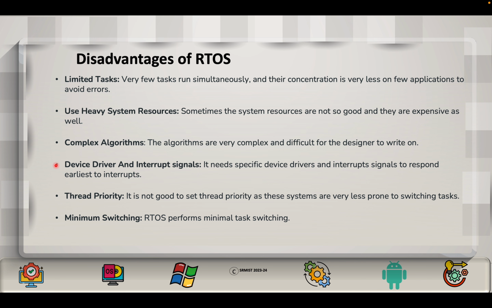Device driver and interrupt signals: it needs specific device drivers and interrupt signals to respond earliest to the interrupts. Thread priority: RTOS is not good at setting thread priority, as these systems are very less prone to switching tasks. Minimum switching: RTOS performs minimal task switching.